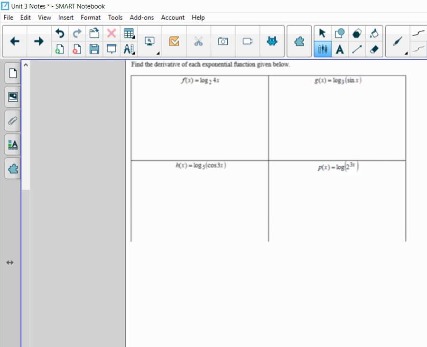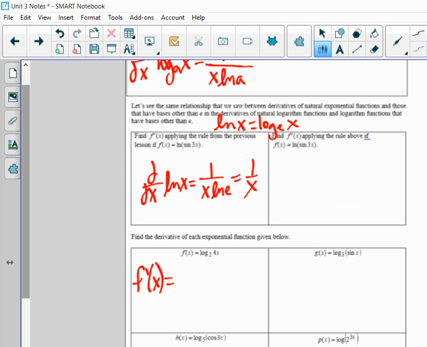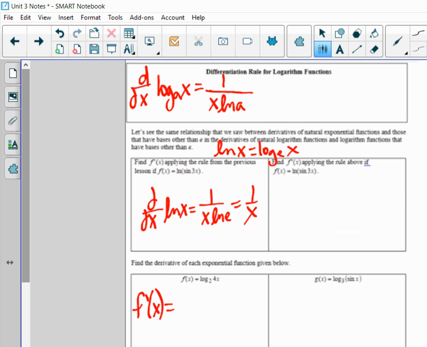So if I was going to do the derivative of log base 2 of 4x, then the derivative is, again, if it was the derivative of log base a of u, then you would have to do u prime over u ln of a. So don't forget the chain rule, okay?